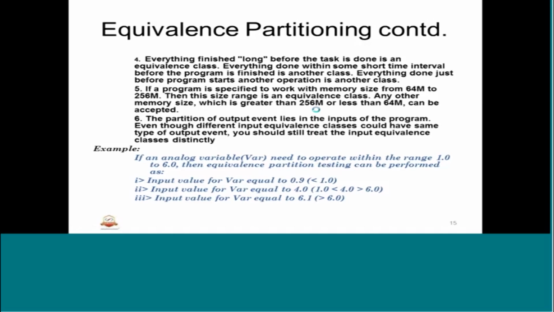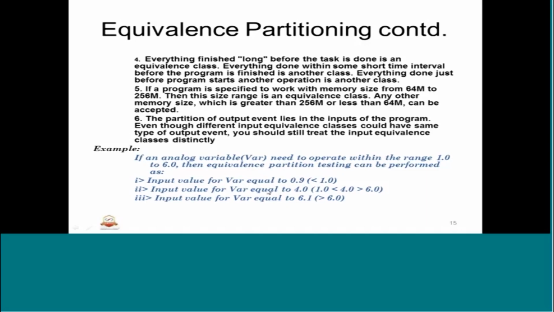So that is the output event based partitioning. One example we will take here: an unlock variable needs to operate within the range 1.0 to 6.0. There is an unlock input which will operate within a range of 1.0 to 6.0. So what are the equivalence classes that can be performed? The first type of equivalence class is an input value for the variable equal to 0.9, that is less than 1.0.